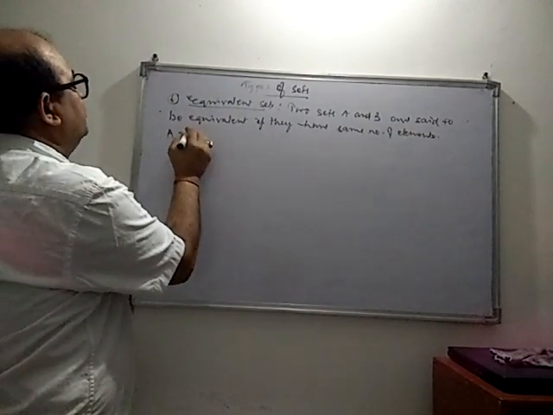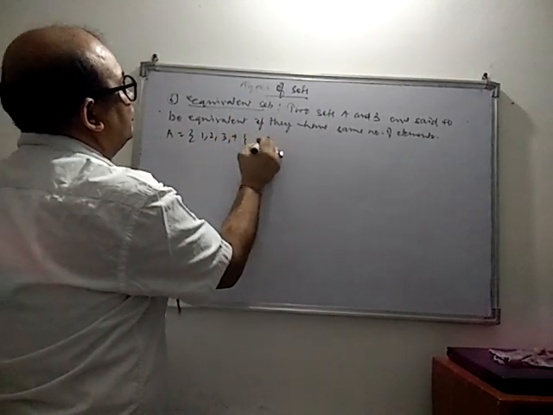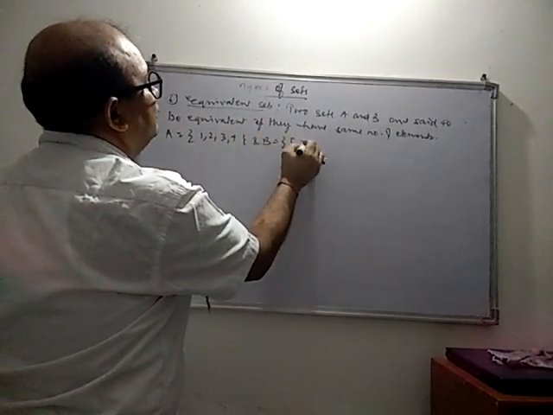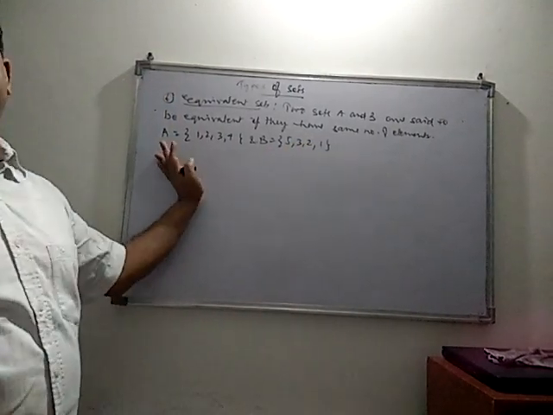Suppose A equal to 1, 2, 3, 4 and B equal to 5, 3, 2, 1. Here A is equivalent to B.